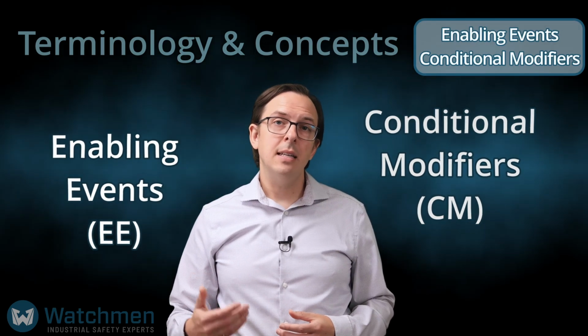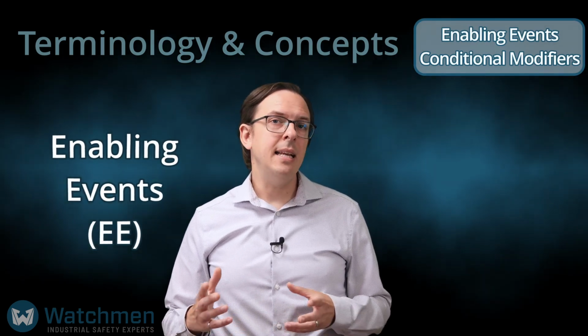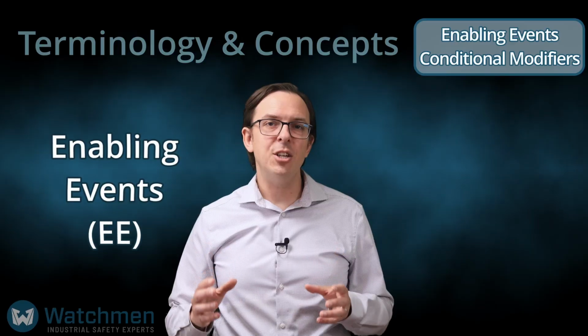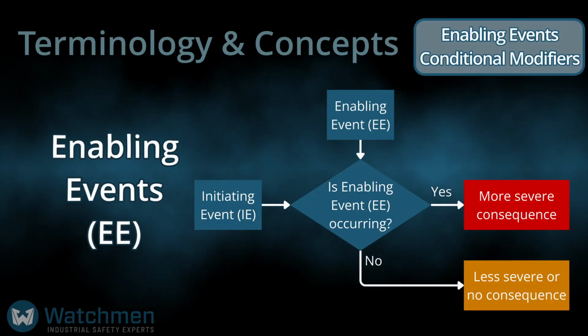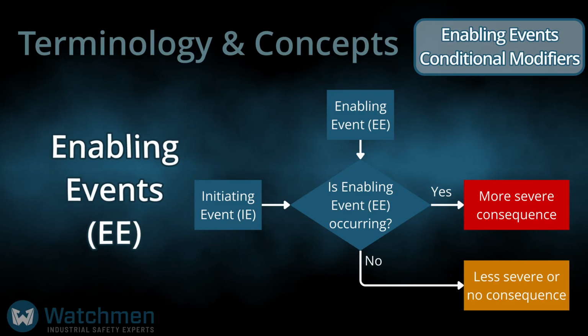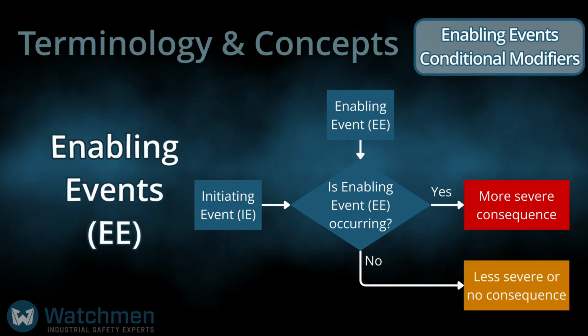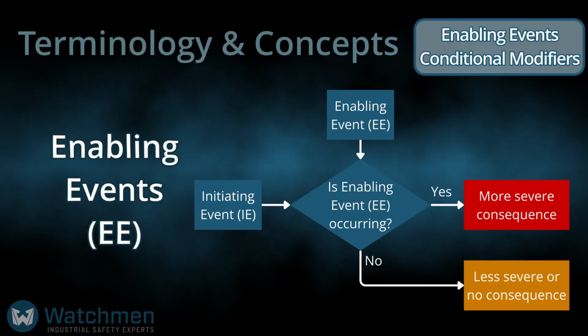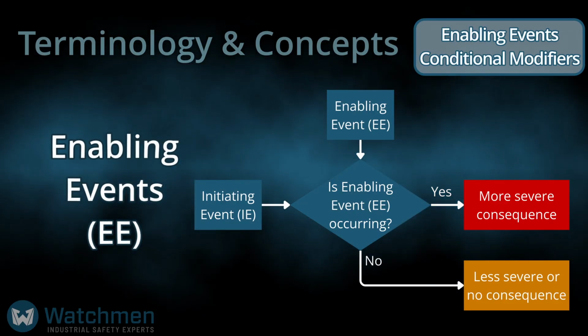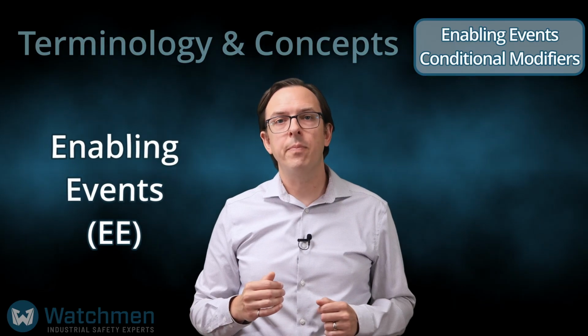An enabling event, EE, represents something that needs to be occurring at the time that the initiating event occurs in order for the chain of events to start that could lead to the LOPA consequence. For example, the hazardous scenario may not occur unless the system is operating in a certain mode, or the ambient temperature is above or below a certain value.